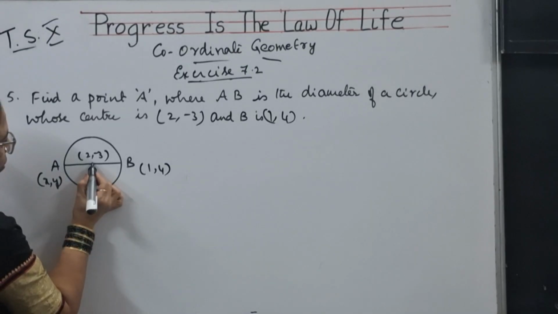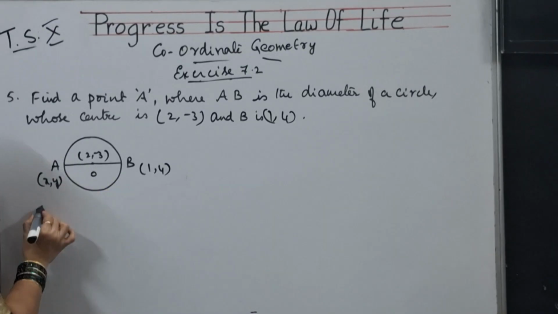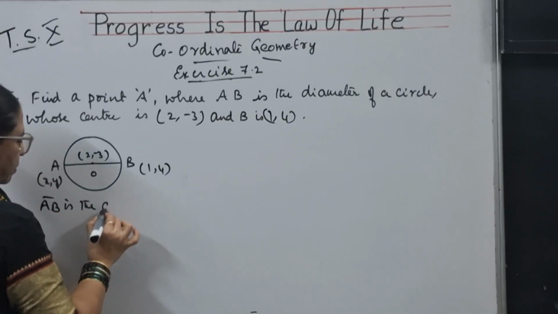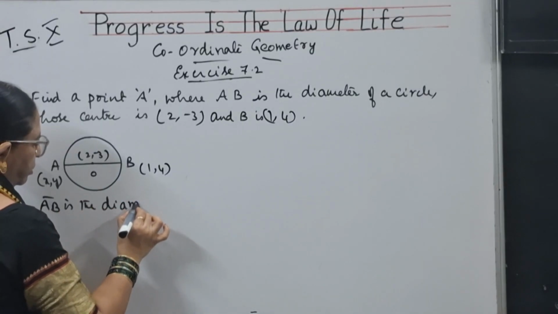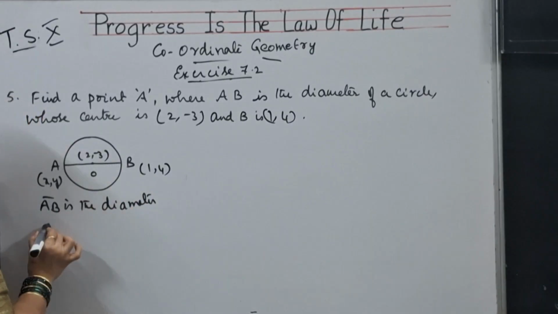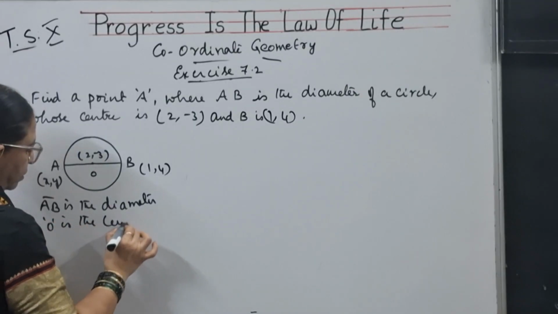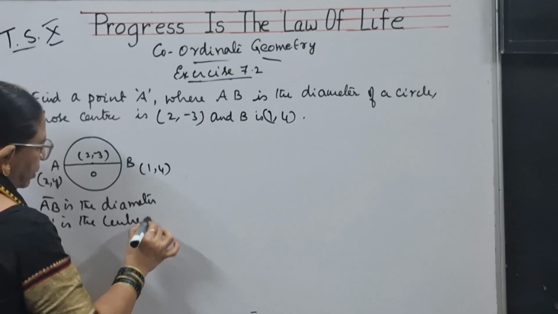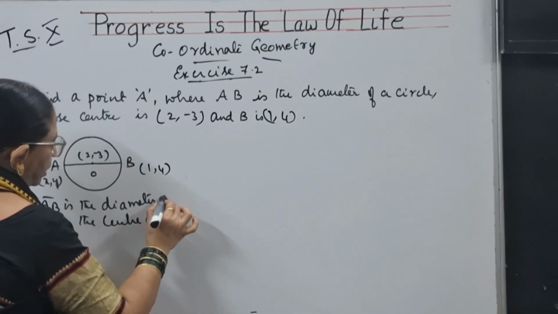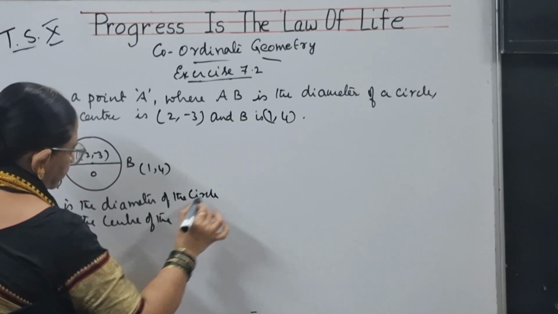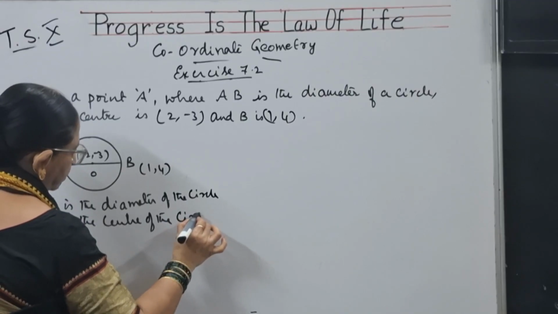So we have got AB is the diameter. O is the center of the circle. I will write, AB is the diameter of the circle, and this is also the center of the circle.